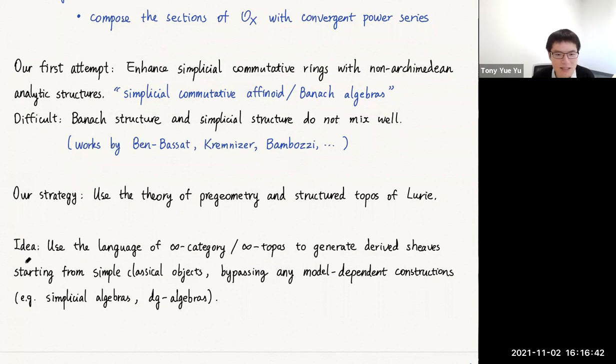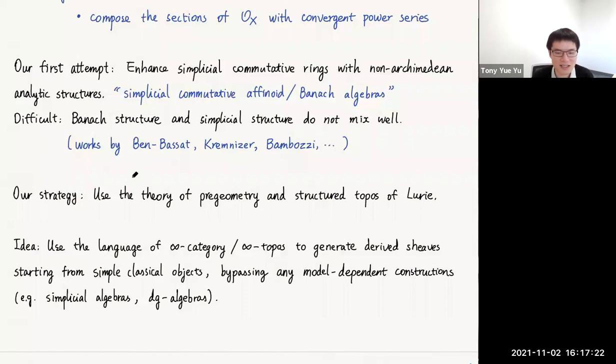And the idea is that by using this more high-tech machinery of pregeometry and structured topos, we can generate these infinity categorical objects directly from very simple classical objects, bypassing any considerations of what kind of Banach structure to put on simplicial rings, or how to take a simplicial resolution of Banach rings.